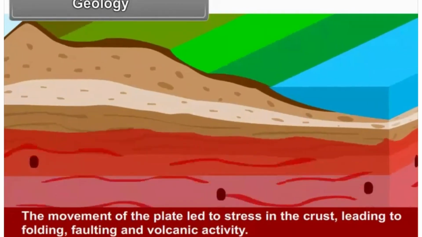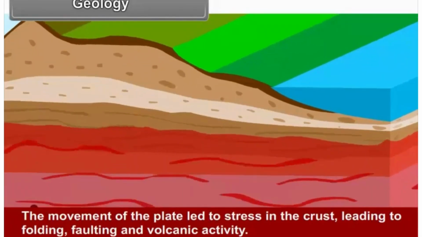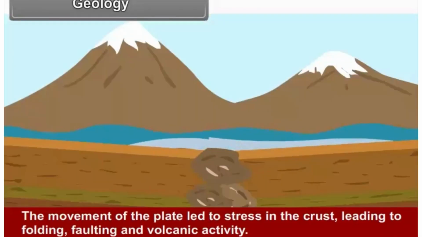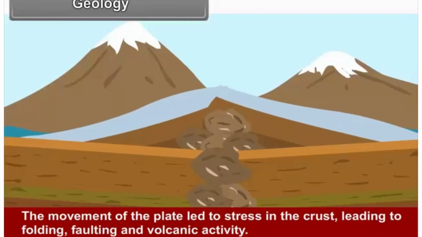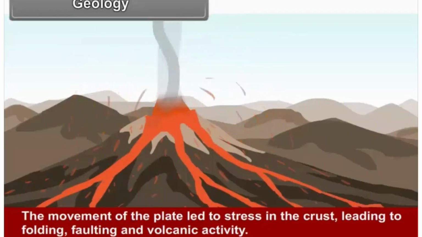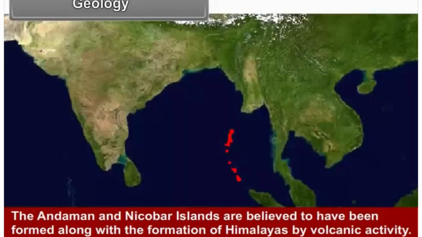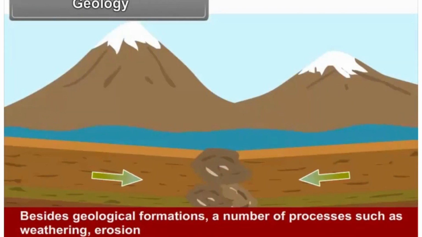The movement of the plate led to stresses in the crust, leading to folding, faulting, and volcanic activity. The Andaman and Nicobar Islands are believed to have been formed along with the formation of the Himalayas by volcanic activity.